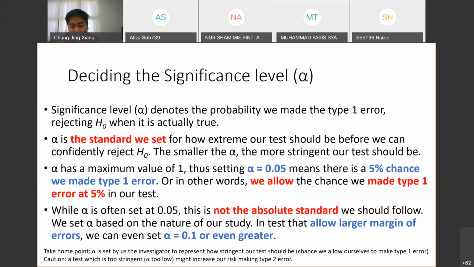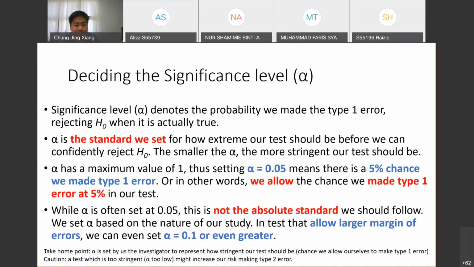If we say alpha equals 0.05, it means there is a 5% chance we make a type 1 error. In other words, we allow ourselves to make a type 1 error with 5% probability.